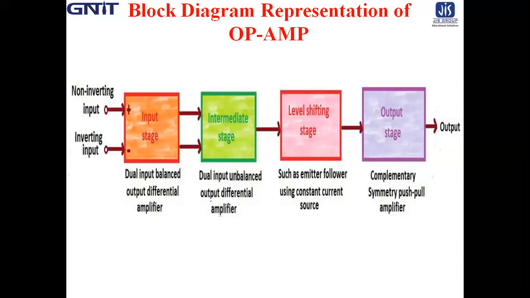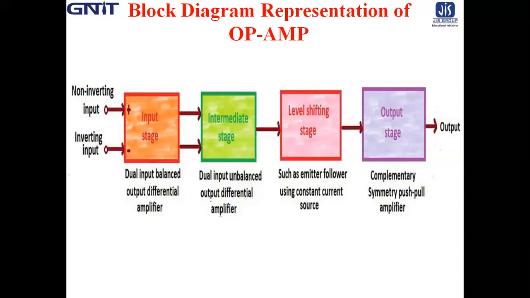The first stage, 2 inputs are inverting and non-inverting input. The first stage is dual input, balanced output, double-ended. That means it's a 2-port network, 2 input and 2 output terminals. So it is a dual input, balanced output, differential amplifier.